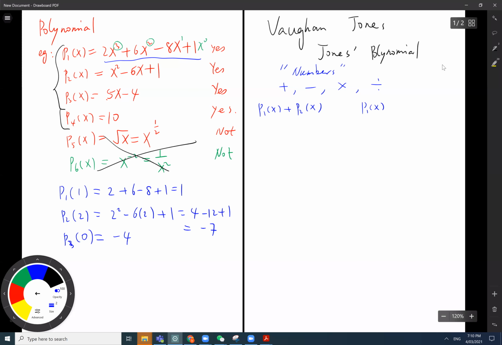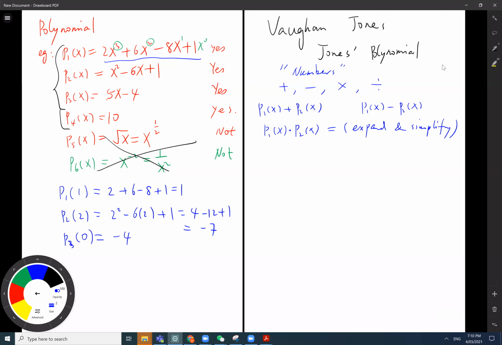P1 minus P2 is still basic, it's Year 10. P1 times P2, that's quite annoying, because you get so many terms. But it's really just algebra, expand and simplify. So it's time consuming, but the idea is okay.